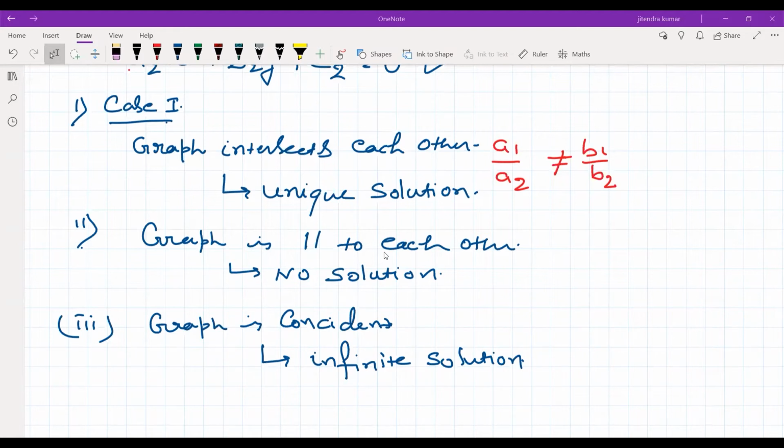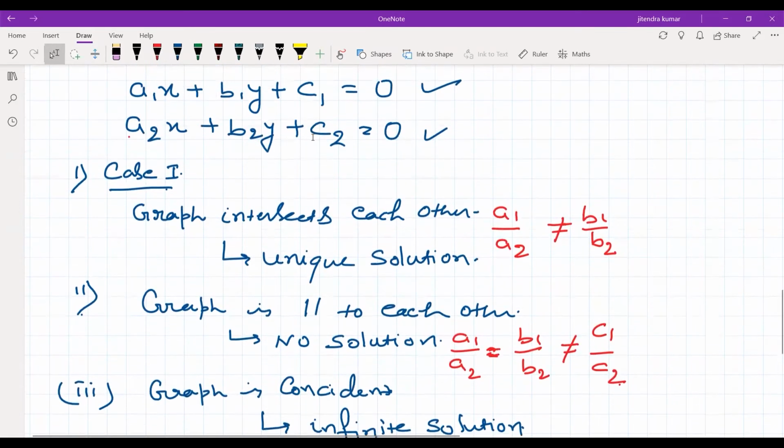In the second case, when they are parallel to each other, a1 by a2 is equal to b1 by b2, but this is not equal to c1 by c2. So this is the condition for two linear equations to be parallel to each other.